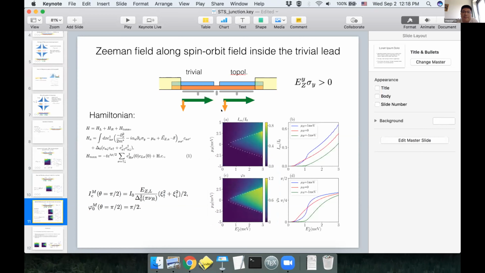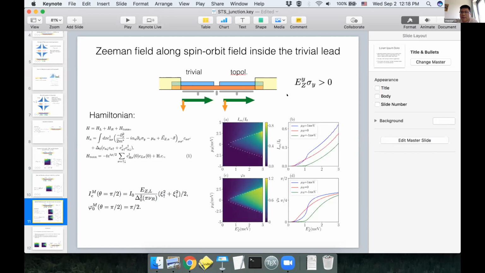Say the spin-orbit field is along the sigma y direction, then the Zeeman field along sigma z or sigma x, in the sigma z and sigma x plane, are equivalent. To get an anomalous phase shift or anomalous supercurrent, you need a Zeeman field component parallel to this spin-orbit field to break the chiral symmetry.